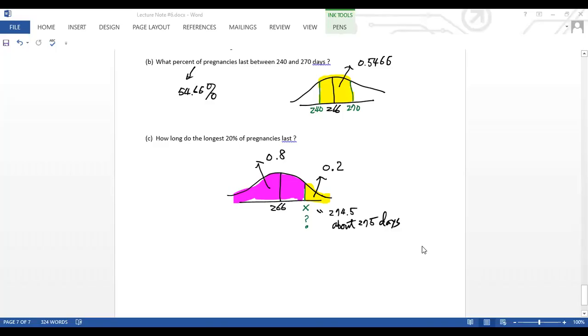And that's it. That is what this lecture is about, introducing you to the normal distribution. We also spent two videos talking about how to use technology, like the TI-84 graphing calculator, our software R, or just the table, to find the z-score and go backward.